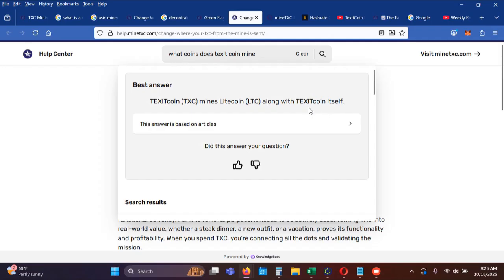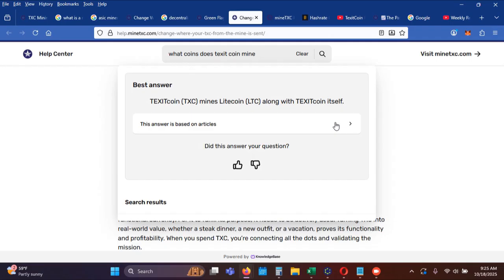Now, with my understanding right now that TexitCoin is a controlled blockchain that only you guys control, there should be limited hash going to TexitCoin. So I would say 95+% should be going toward the mining of Litecoin in order to generate revenue, right? Because you know what you're doing with the TexitCoin that you mine, it should be a few miners that you use. So that is the second question, guys. What percentage of the hash power, and if you can give the specific amount of hash that's being allocated to that, that would be great information to have.